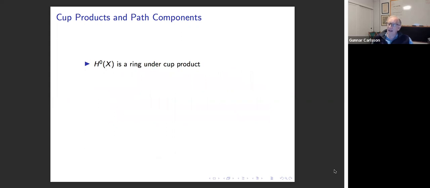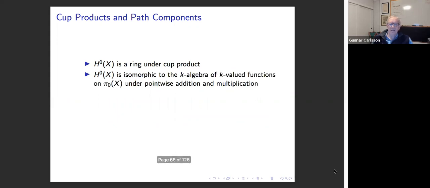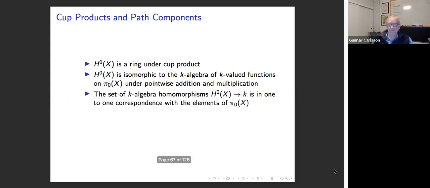Okay, so how can we get at the set valued functor? Well, H naught of X is a ring under cup product. So H upper 0 of X is isomorphic to the K algebra of K valued functions on pi naught of X under pointwise addition and multiplication.